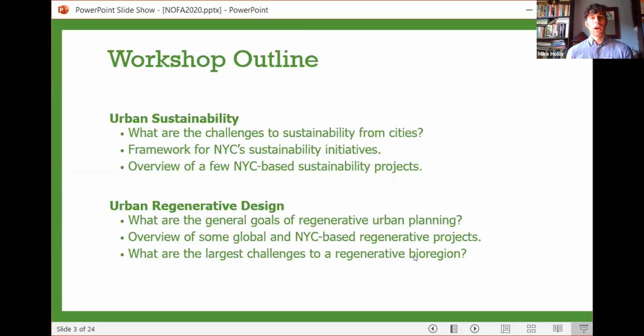Then we'll look more specifically at regenerative design: the general goals of regenerative urban planning, an overview of some global and New York City-based regenerative projects, and, as a jumping point for our discussion, some of the largest challenges for creating a regenerative bioregion.